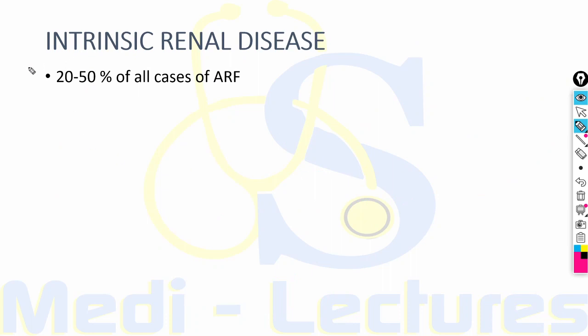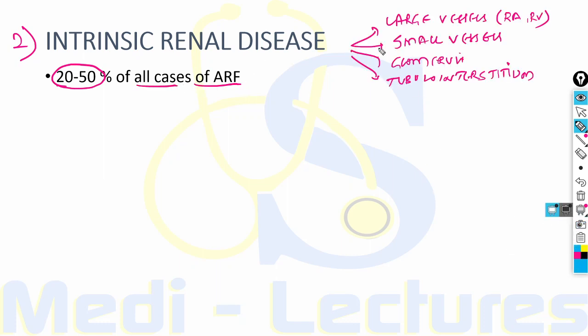Now, after we have discussed the most common cause of ARF, that is pre-renal causes, we will come to the discussion of intrinsic renal disease. These are responsible for 20 to 50% of all the cases of ARF. The intrinsic renal disease can arise from processes involving either the large vessels of the kidney like the renal artery and renal vein, or the small vessels and intrarenal microvasculature, or there can be damage to the glomerulus and processes involving the tubules and interstitium.